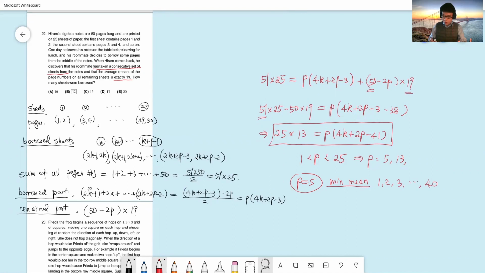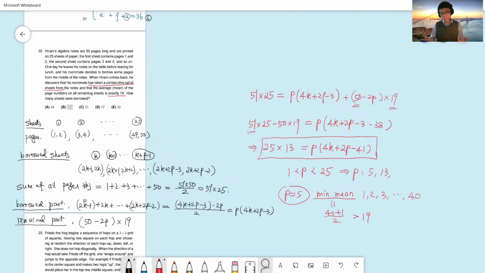So this gives the minimum mean equals 40 plus 1 divided by 2. This is larger than 19. But here we have the remaining part with mean equals 19. So P cannot be 5. If we don't remove the last 5 sheets, the mean is even larger. So this is impossible.